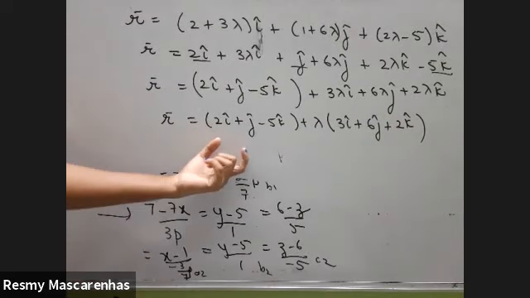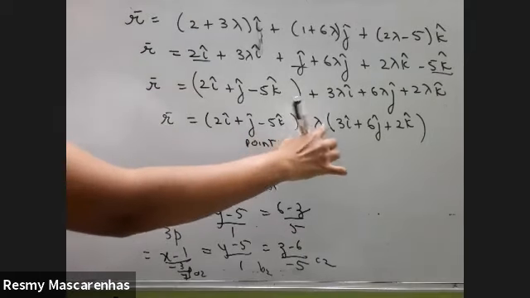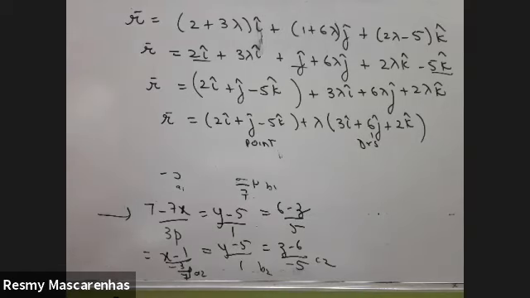So now it is in the standard form. So this is the point now, and whatever is there with lambda is the direction ratio. So you got your direction ratios.